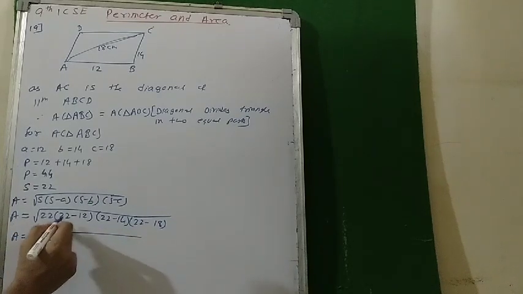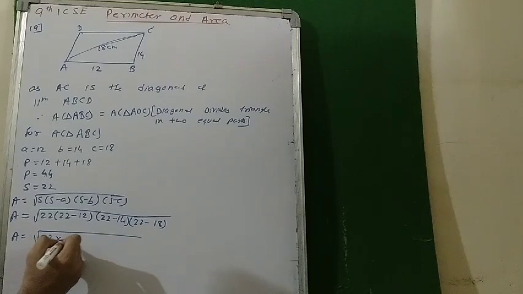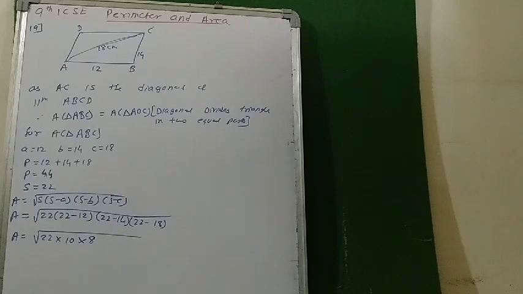So 22 minus 12 is 10, 22 minus 14 is 8, and 22 minus 18 is 4. But the problem is 22. How can we split 22 now? That is the question. 6 plus 14. Okay, we have 12, 18, 14.